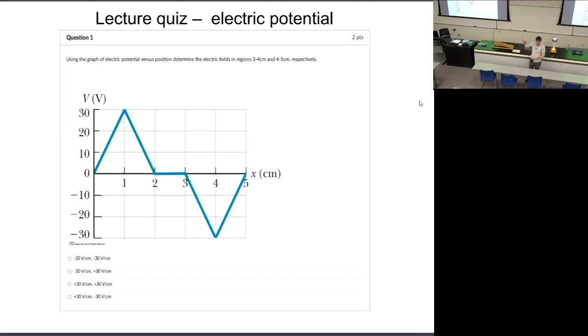But the electrical field is the negative slope of the electrical potential, so it's a negative of a positive. So in this region, from 4 to 5 centimeters, the electrical field is minus 30 volts per centimeter. So I think it's this bottom one here: positive in this region, negative in this region.